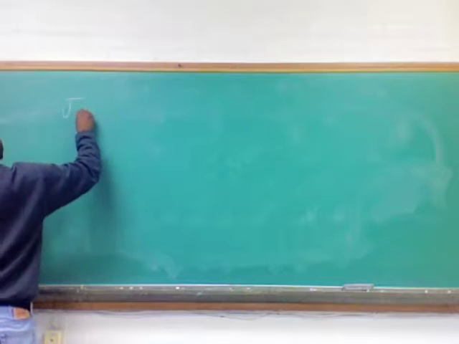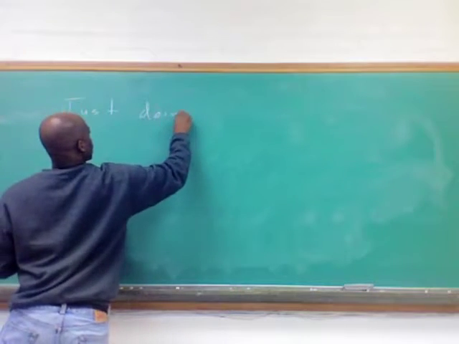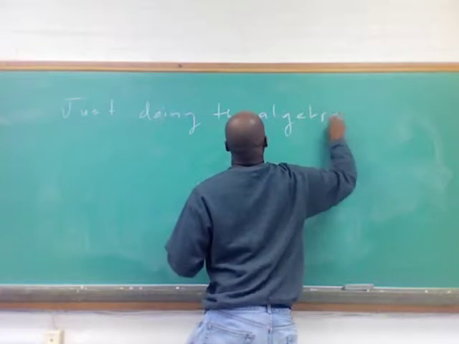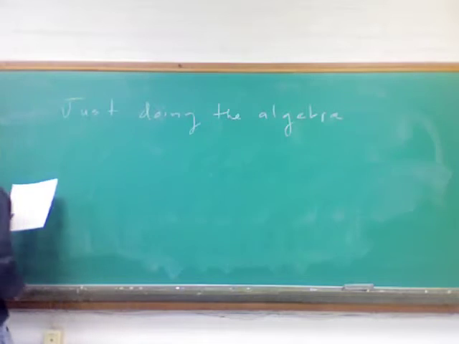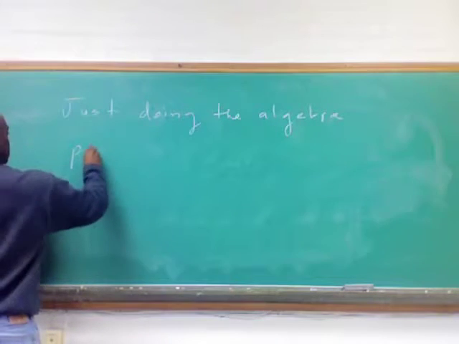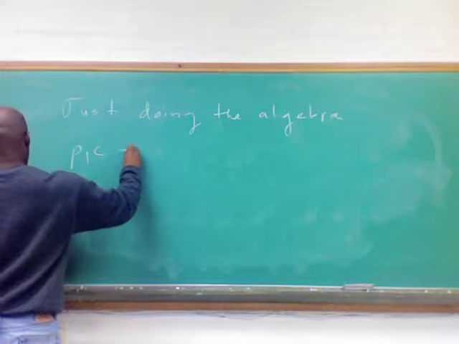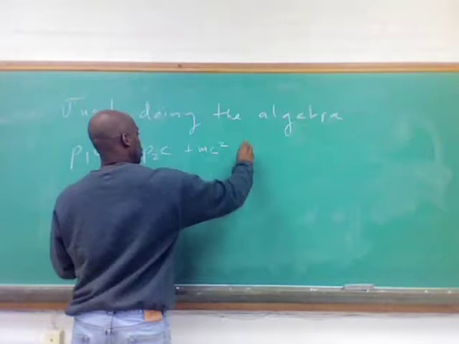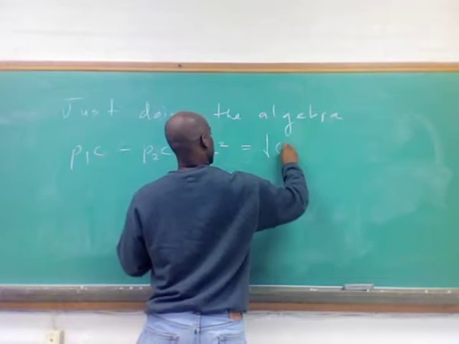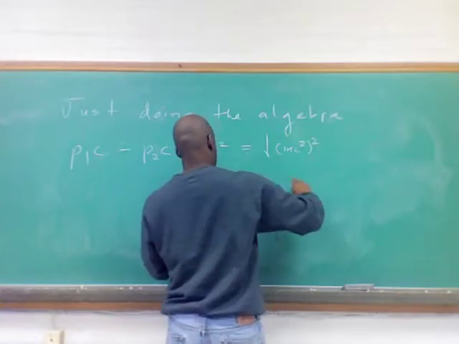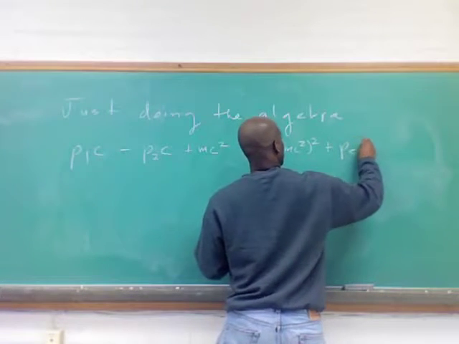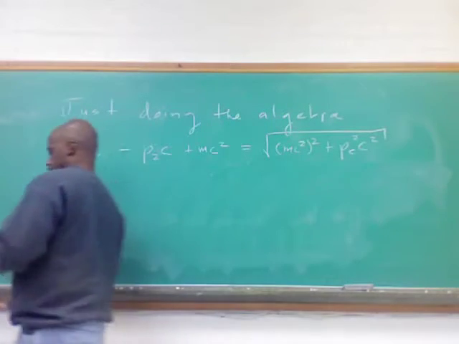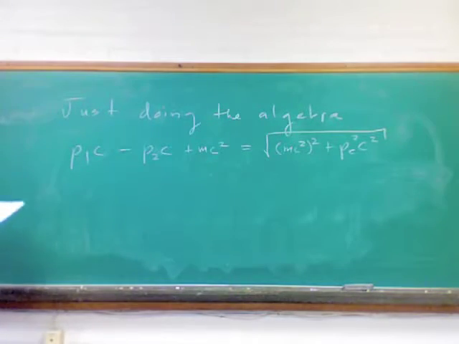So just doing the algebra, we've got P1c minus P2c plus mc squared is equal to the square root of m squared c to the fourth plus Pe squared c squared. Just moved it over, just doing the algebra.